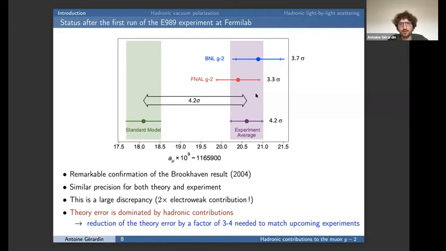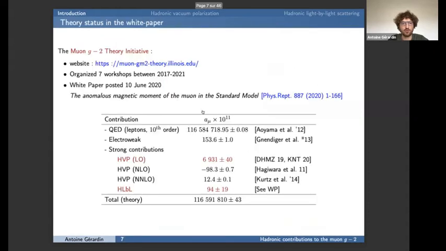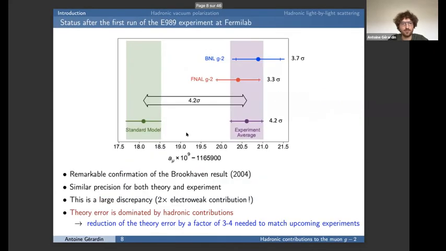First, we can see that it is in very good agreement with Brookhaven, which means that we can also take the average of these two measurements, and then we end up with this purple band. And here in green, this is the theory prediction that was discussed in this slide. If we take these two estimates, then we observe a discrepancy of a bit more than 4 sigma.